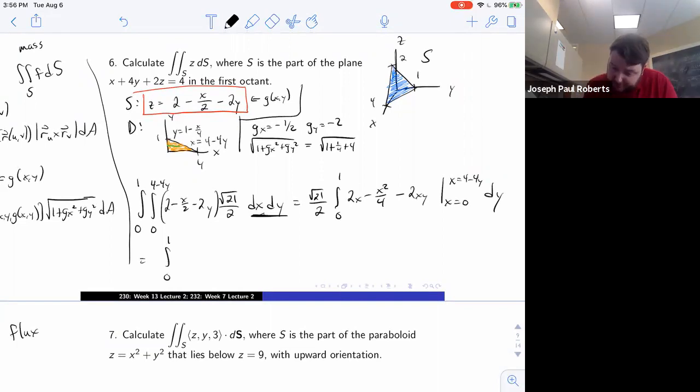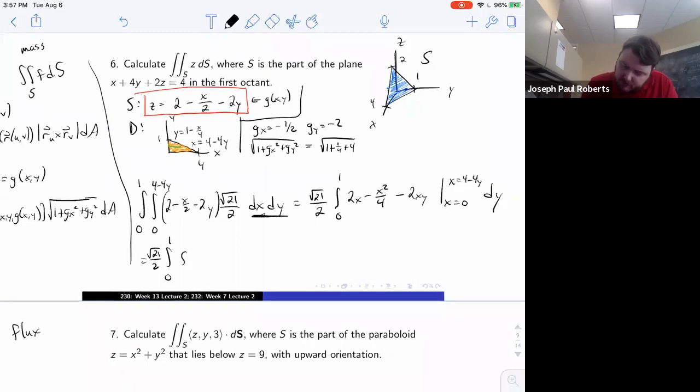And so then I get root 21 over 2 times 8 minus 8y minus 4 minus 4y squared over 4 minus 8y plus 8y squared.